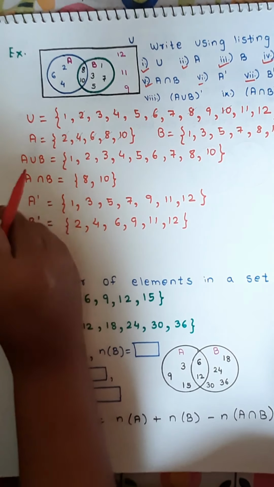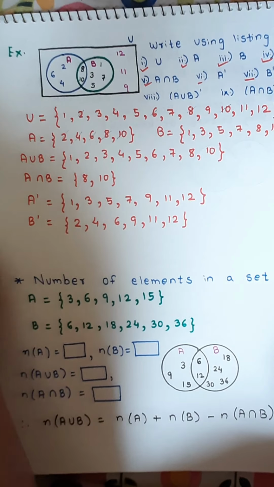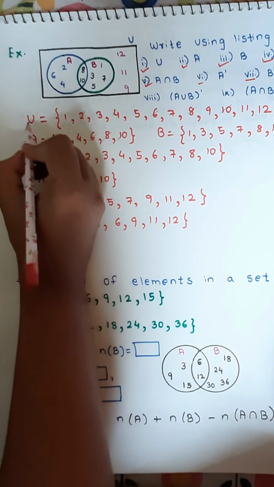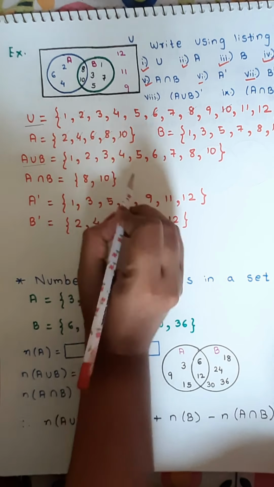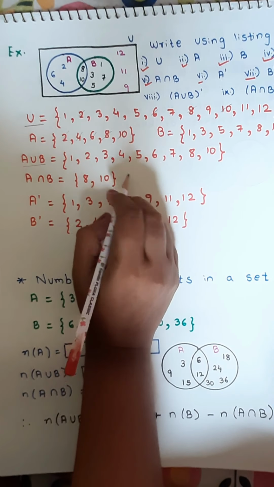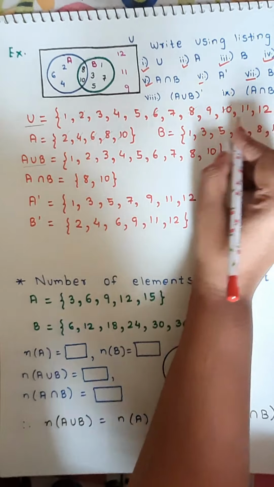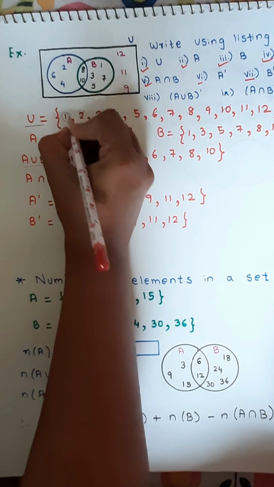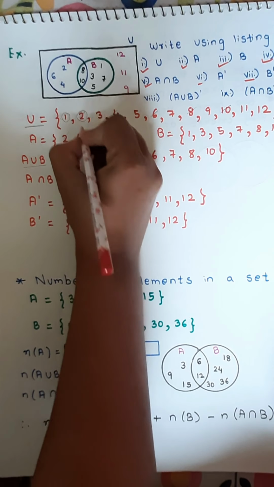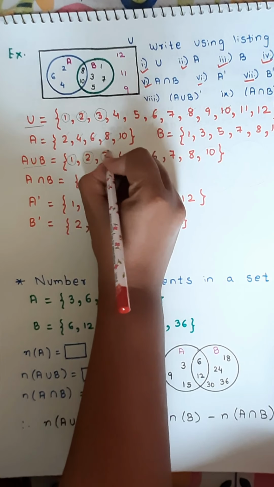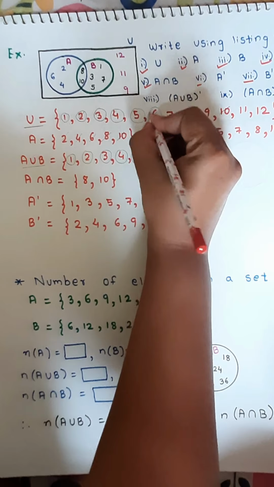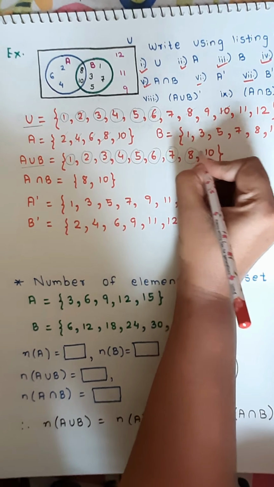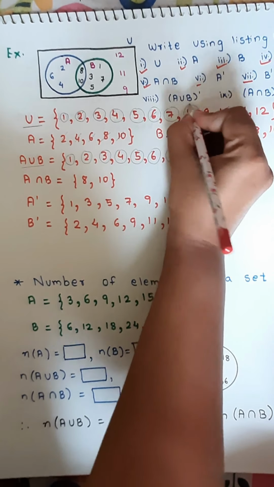Next we have to write the complement of A union B. In that case, just consider this A union B and the universal set. Strike off the common ones. Which are the common ones? 1 is common, 2 is also common, 3 is common, 4 is common, 5 is common, 6 is also common, 7, 8, 10.